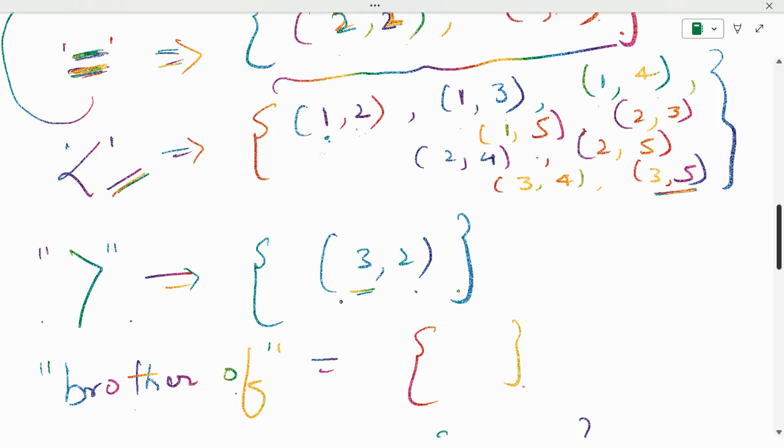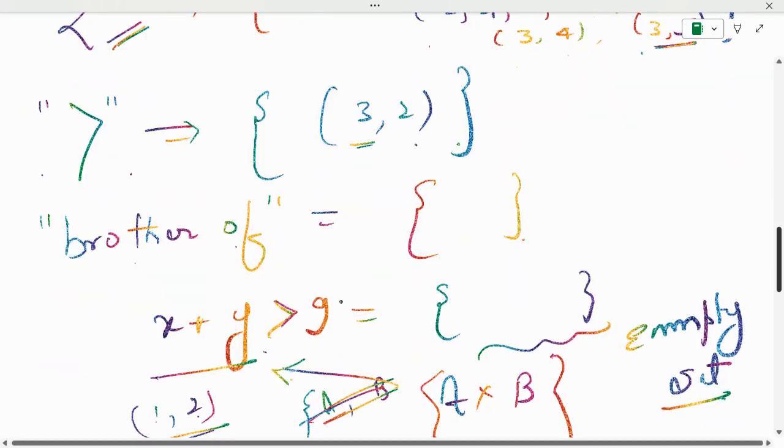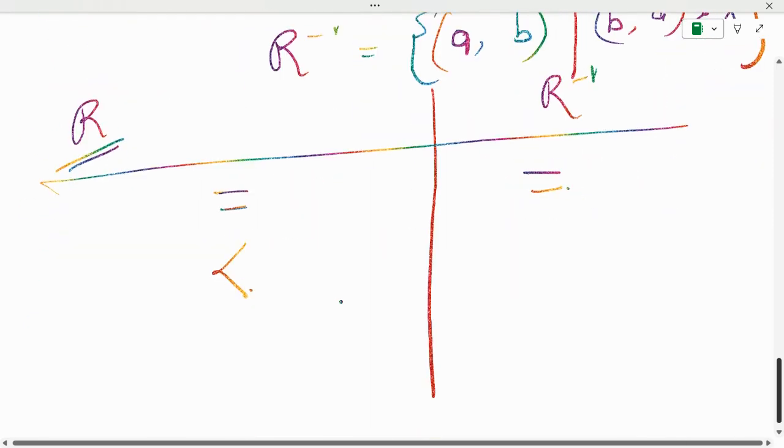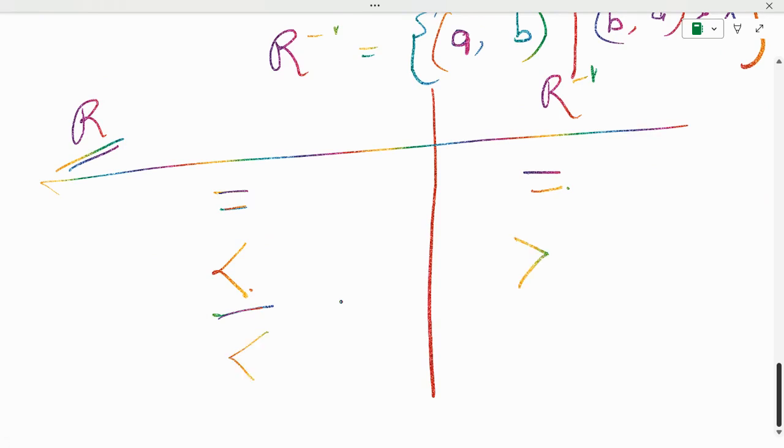So we get the order in such a way that it becomes 2 1, 3 1, 4 1, 5 1, 3 2, 4 2, 5 2, 4 3, and 5 3, in this way. So in R inverse this sign gets changed, right? If we define less than or equal to, it becomes this, right?